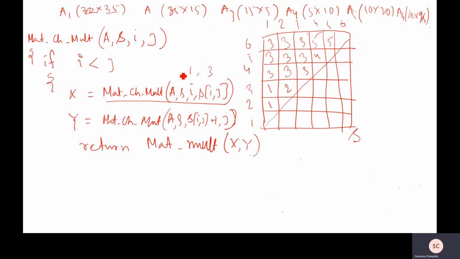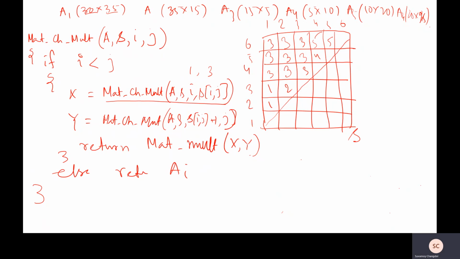Since this is recursive, again it will be divided as I have shown you previously. Return the matrix multiplication. If i is not less than j, then else return Ai. That means there is a single element, so return.